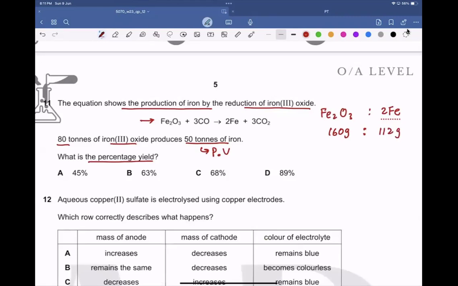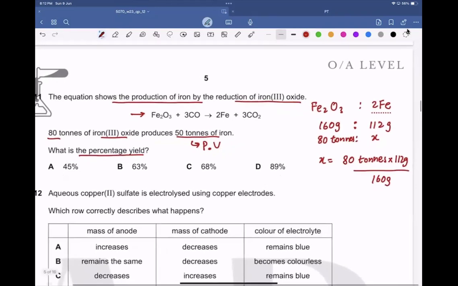Now, if I have 80 tons, then how much iron must be produced? So if I calculate the value, see what I need to do. I have to multiply 80 ton by 112 gram divided by 160 gram. Why do I use the unit?